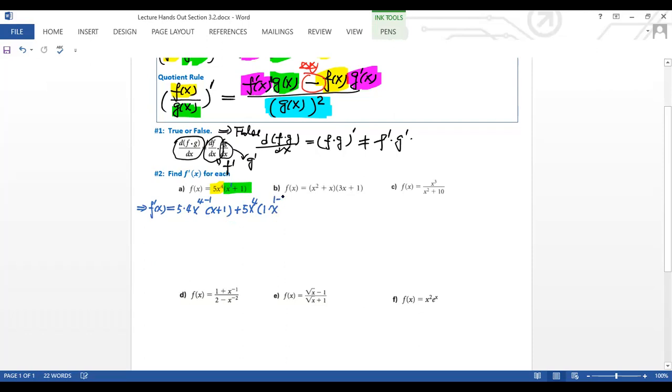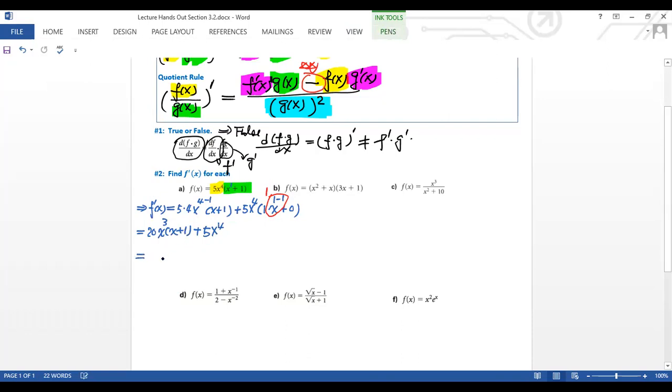So now you have 5 times 4, this is 20x^3 (x plus 1), plus 5x^4.